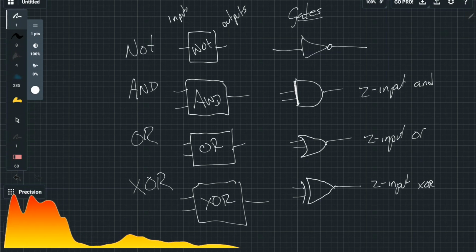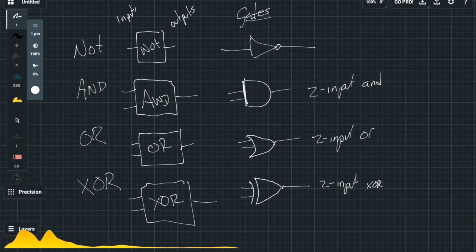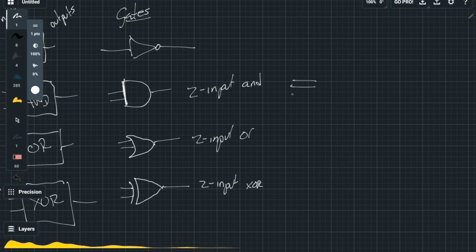Of course, inverters are always one input, so you don't have to say it that way. But you could also draw a 3-input. So let's go to the AND here, and I'm going to draw a 3-input AND gate. And that would be a 3-input, and you could have any number. You could have a 4-input AND gate as well.